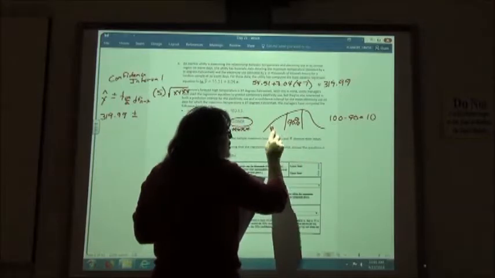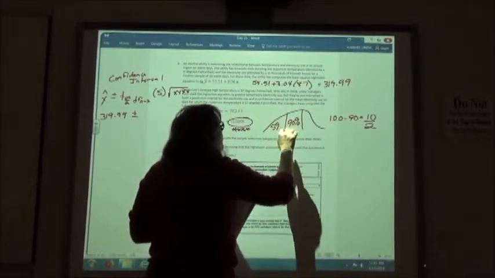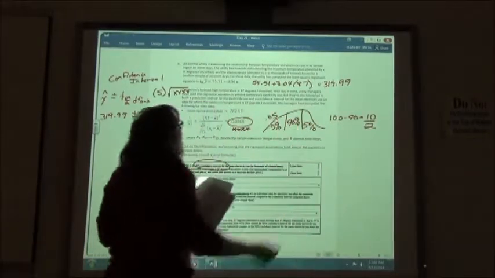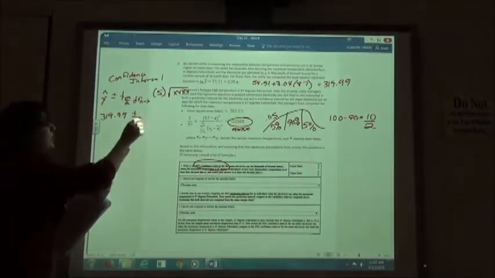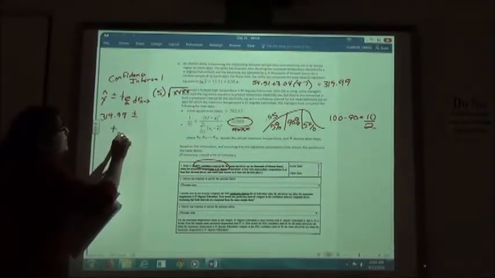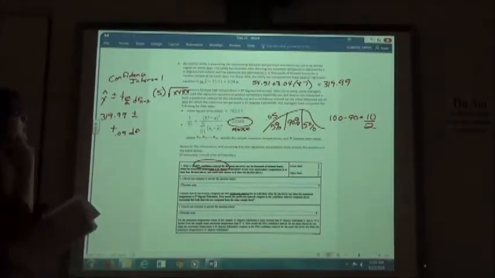I have 2 sections, so I'm going to divide it by 2. So each of these is 5%, and I'm going to use 0.05 for my subscript. I'm going to go down here even though that continues on. T sub 0.05. My degrees of freedom is n minus 2.